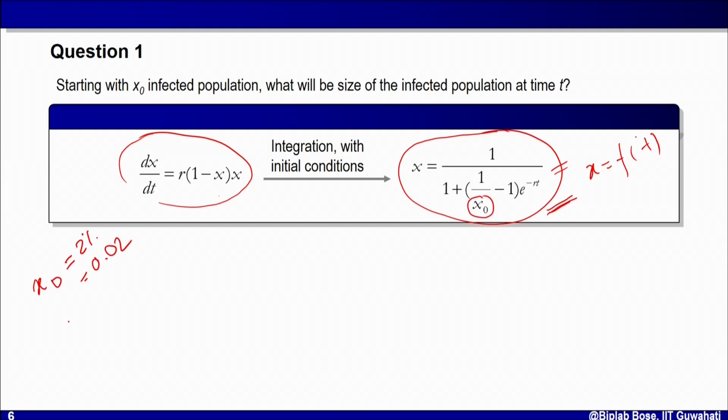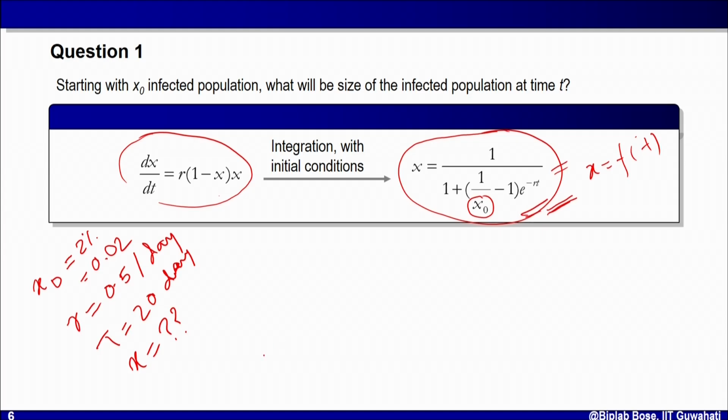Suppose r, the rate constant for spread of the disease, is 0.5 per day. Then my question is, after 20 days, what fraction of people will be infected? That is my question. I can simply answer this question using this function.